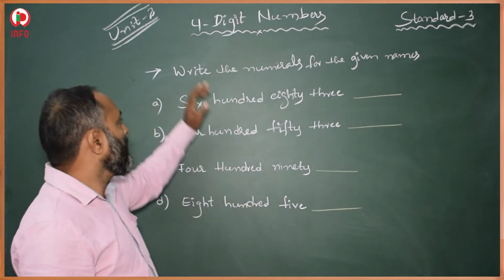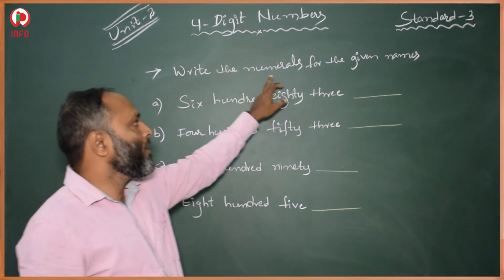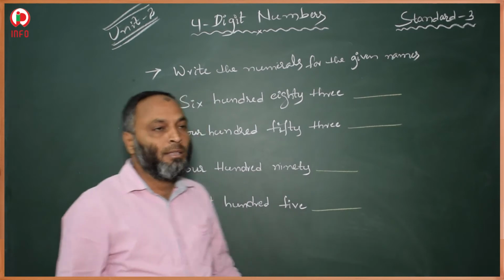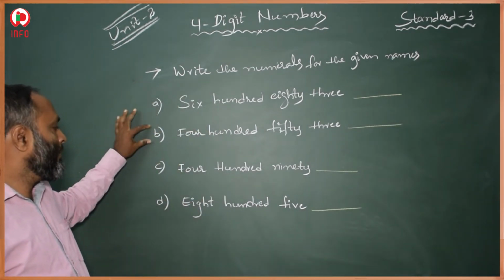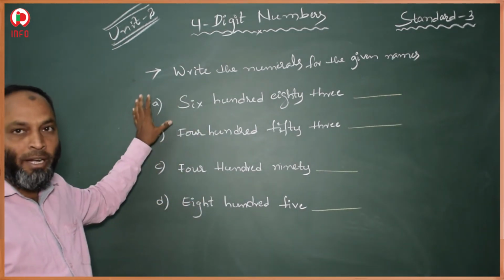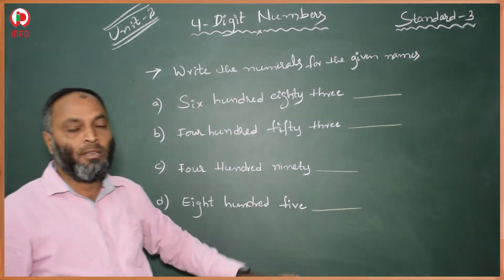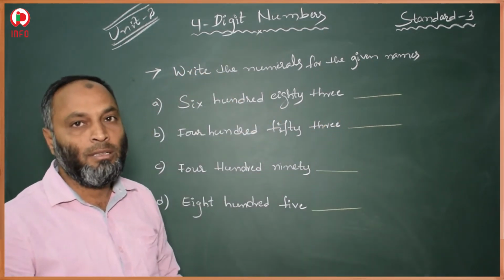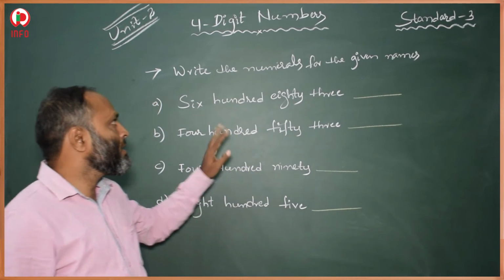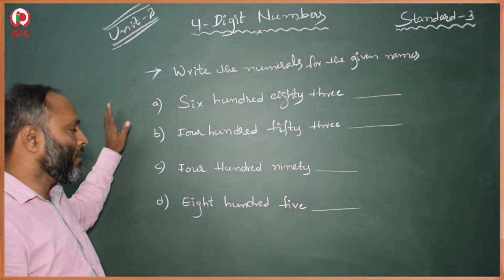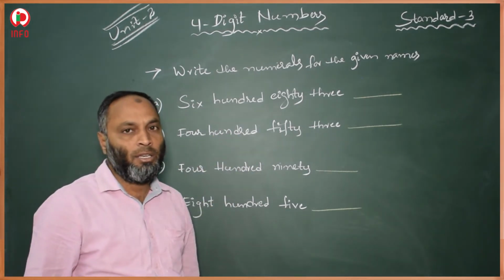Now dear students, listen. Write the numerals for the given names. Some names are given: A, B, C, D. We have to convert these names into numerals. So these all are recapitulated. These are all 3-digit numerals.